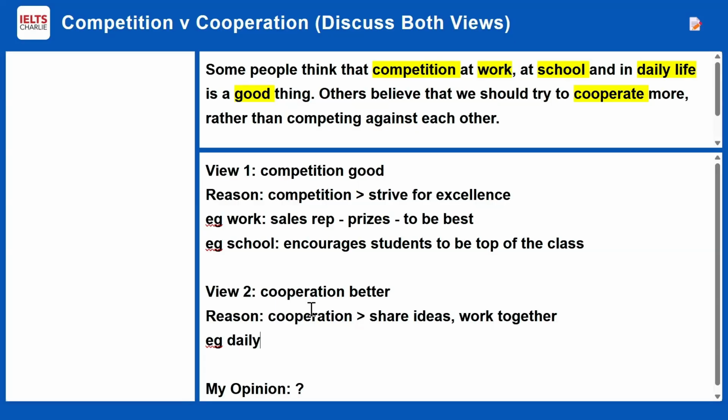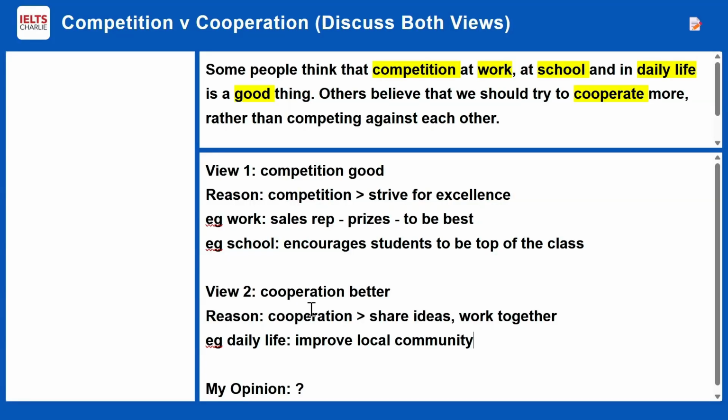Let's talk about daily life, since that's the third thing in the task, which I need to make sure I cover. So in what situations might cooperation be a good thing in daily life? Well, the thing that comes into my head is that you can work together to improve your local community.